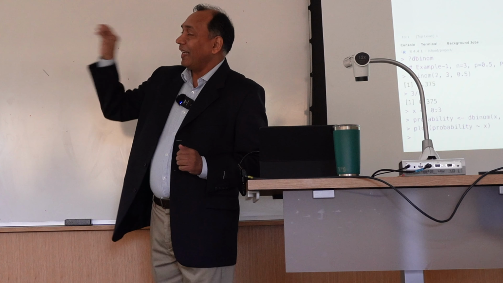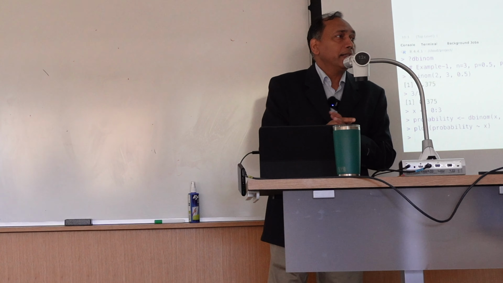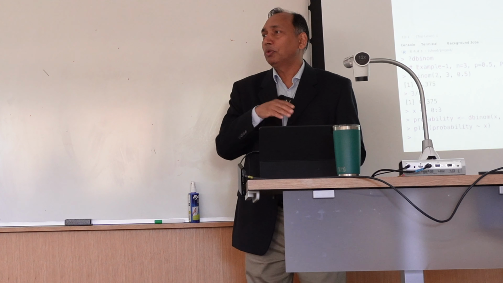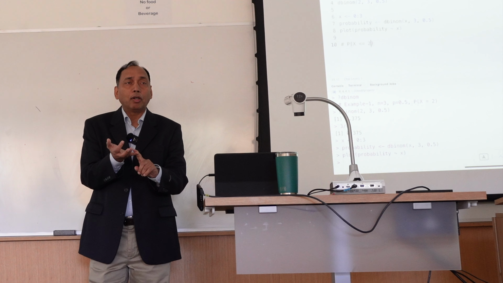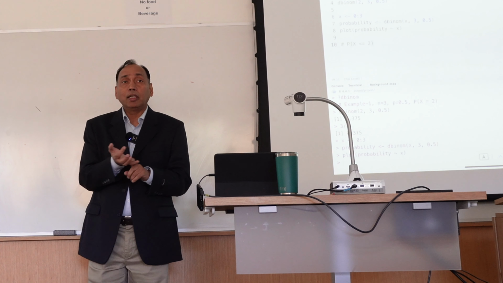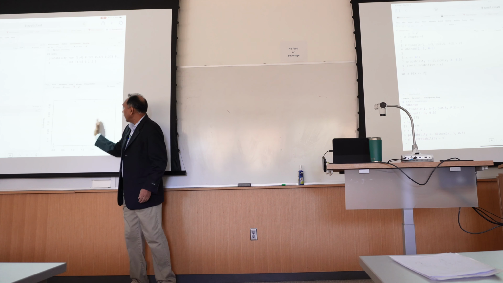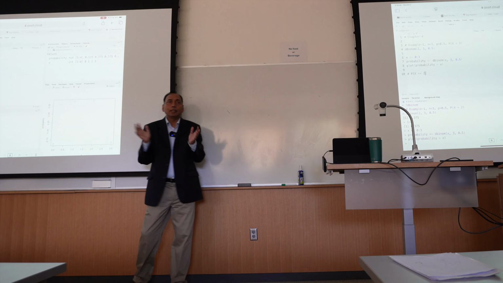Getting a probability exactly at a value is one thing, but sometimes we are interested in what is the probability that x will be less than or equal to something. X is less than or equal to, let's say, 2. Probability of x equals 0 plus probability of x equals 1 plus probability of x equals 2. You can calculate this individually also and then add them, like add this to this, add this to this, and get the total.